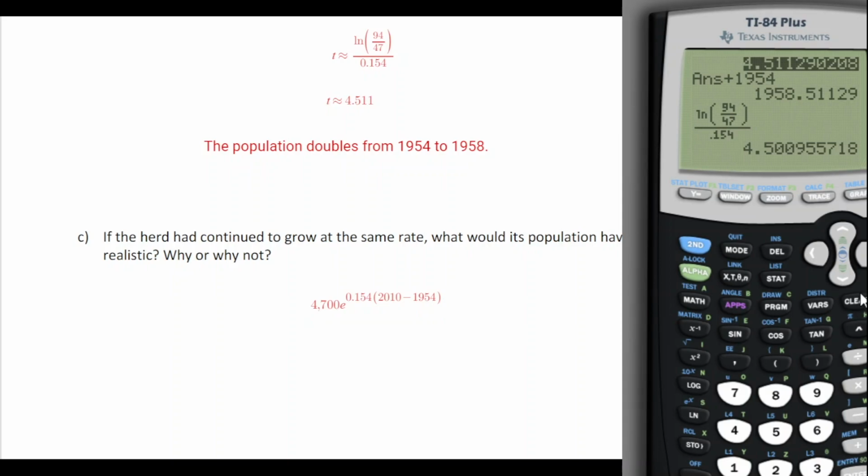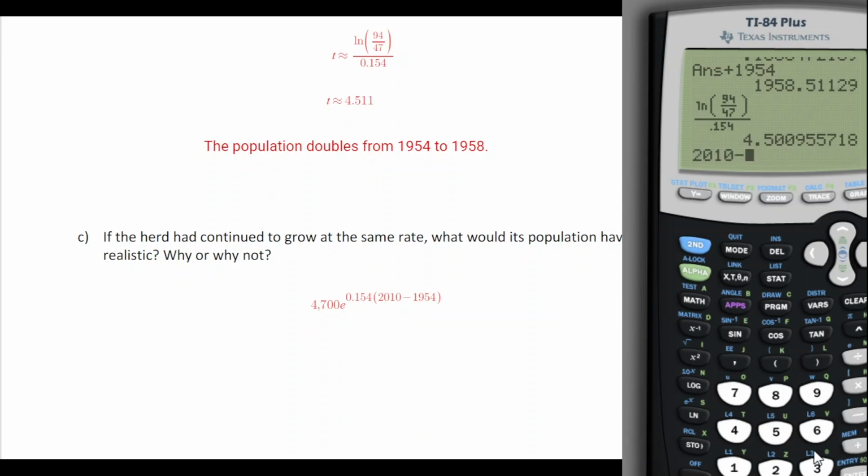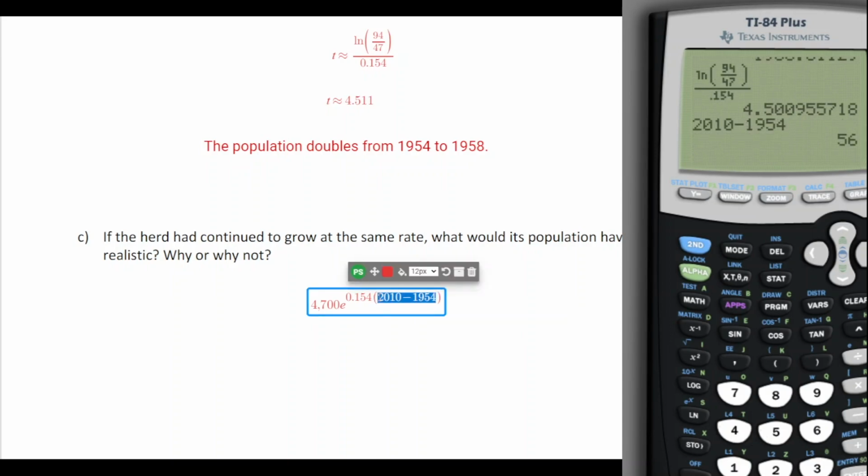I'm just going to type this in real quick. So 2010 minus 1954. Okay, so 56. So really, my t value here is 56.